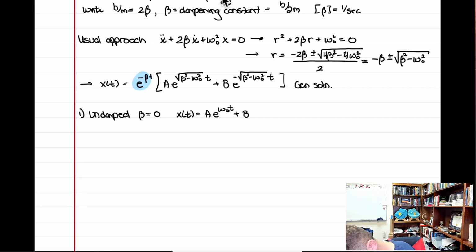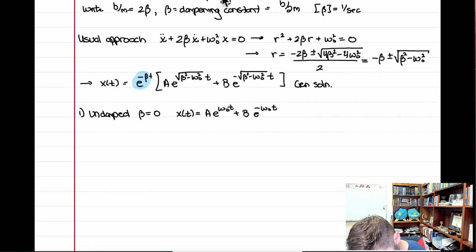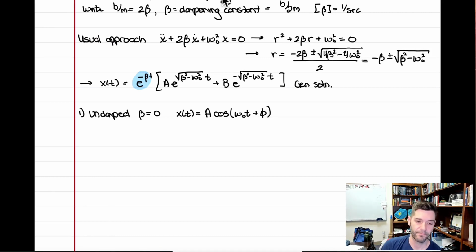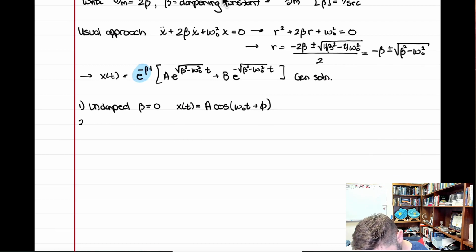Actually, that's not true, because if beta is 0, that thing in the square root is all complex numbers. So those would have been complex exponentials, which again we can use Euler's identity and rewrite as a single cosine rather than a sine and a cosine. So it's, of course, simple harmonic motion.